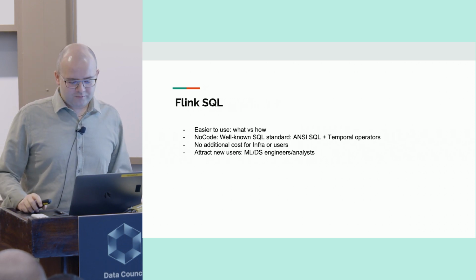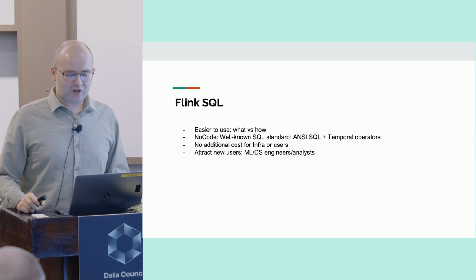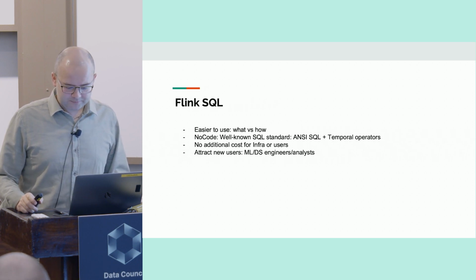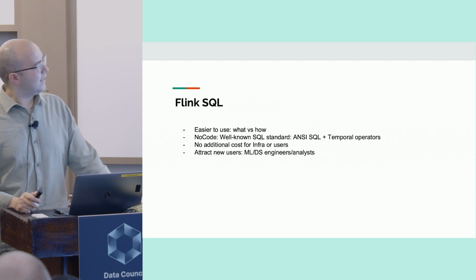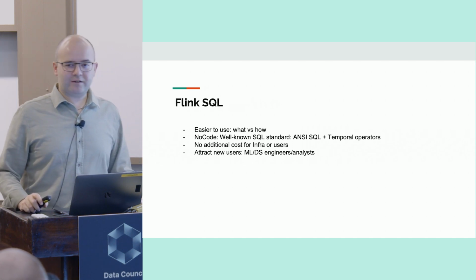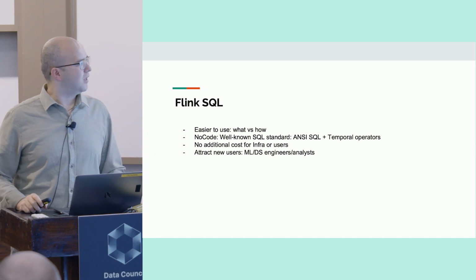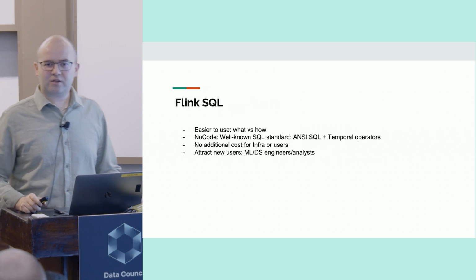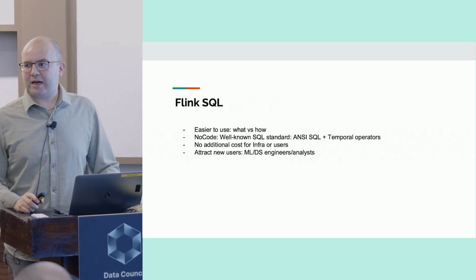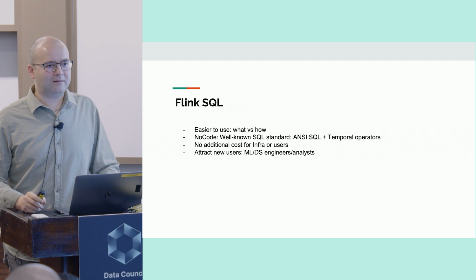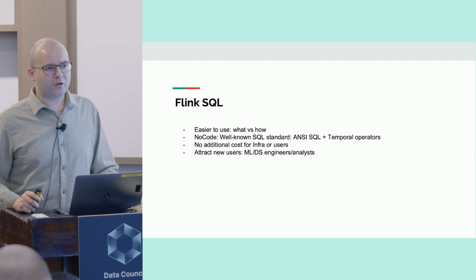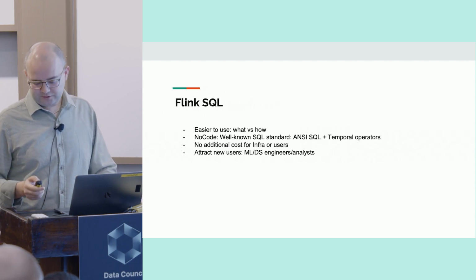And it eliminates the requirement of being a Java or Scala developer. With Flink SQL and UDF support, where you can write your UDFs in multiple languages, including Java, Scala, or Python, you can accommodate most of the use cases, maybe 70% of all use cases.